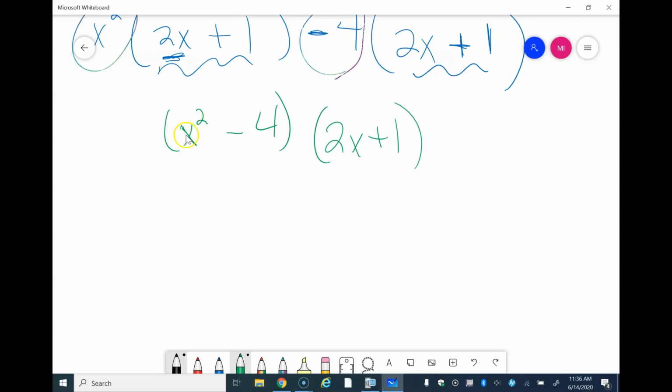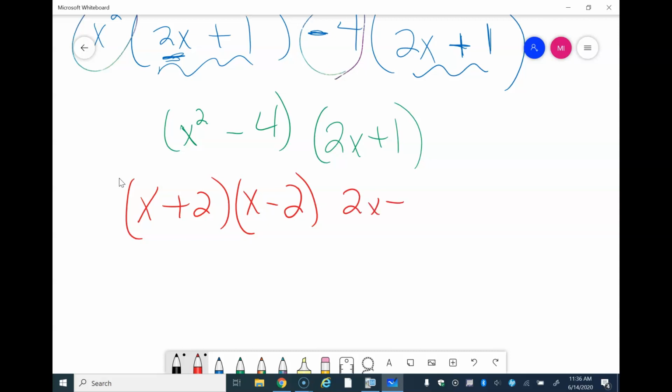Can I take the square root of this one? Yes. Can I take the square root of this one? Yes. There's a subtraction. This is what is called a difference of squares. If I do that, I already know it will come down to x plus 2, then x minus 2. And then we can drop this one down because we can't do anything with it.